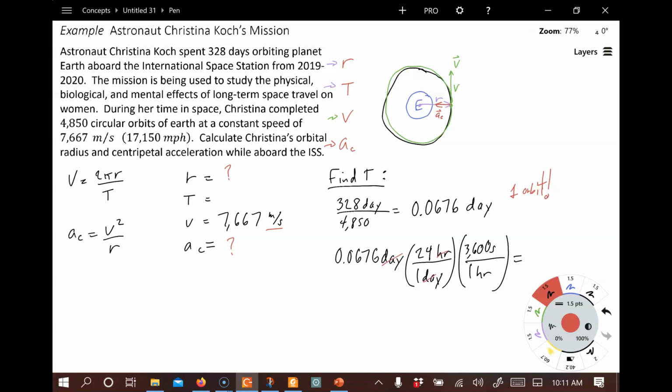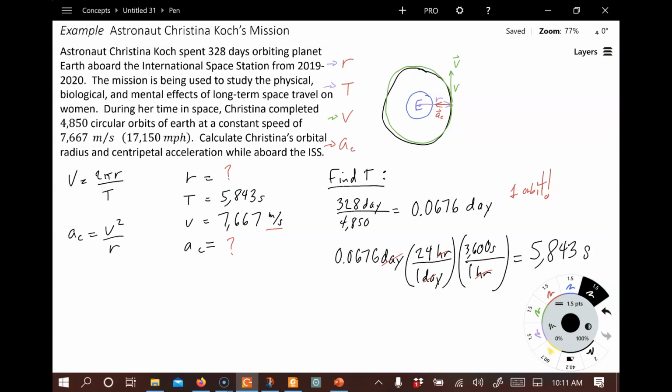Cancel out our units here, end up in seconds, and this comes out to be 5,843 seconds to complete that orbit. Now that we know what T is, we can write this down. If you divide that number by 60, that comes out to about 97 minutes. It's about an hour and a half to go all the way around the Earth in the ISS.